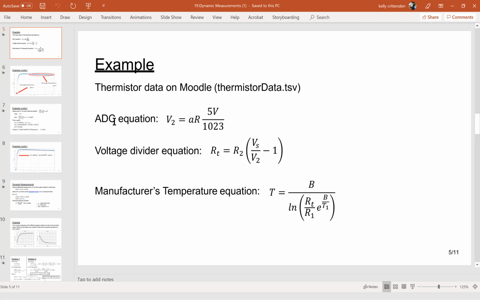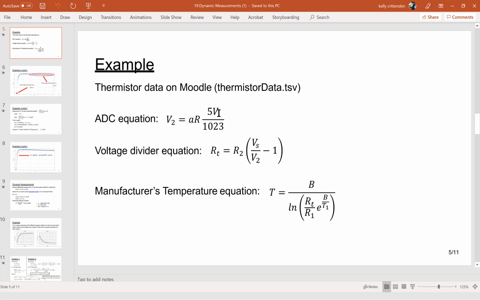So thermistor data. So ADC equation. ADC is analog to digital conversion. We kind of wrote it out last time, but AR is the analog read. That's the 480 number up to 800, whatever number in our data set. But it can range anywhere from 0 to 1023.